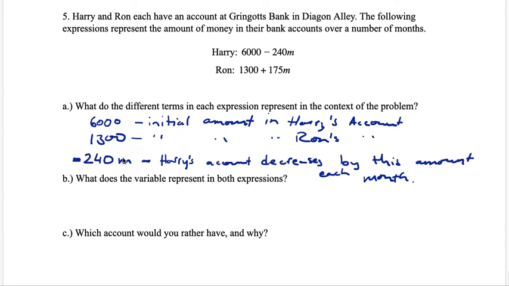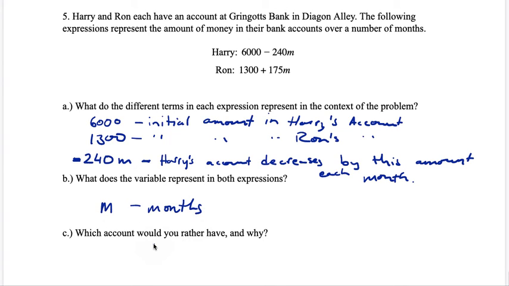So if we said that this was month 4, it would multiply it for us, and once we did the subtraction, it would tell us the balance in his account after month 4. And the same kind of idea with Ron's is just adding instead. So the variable M is the months.